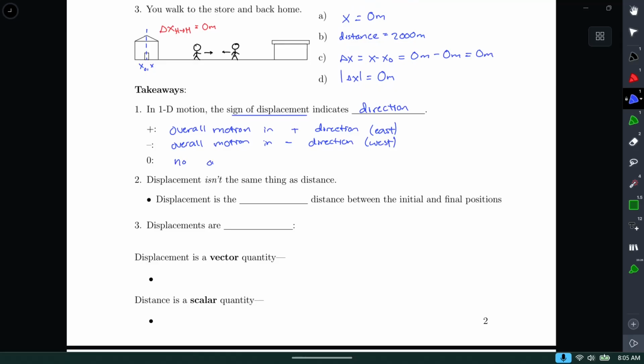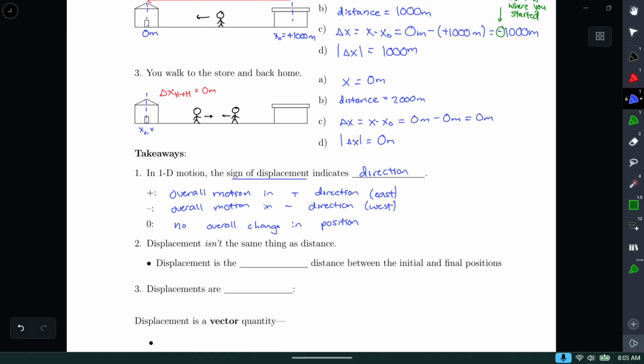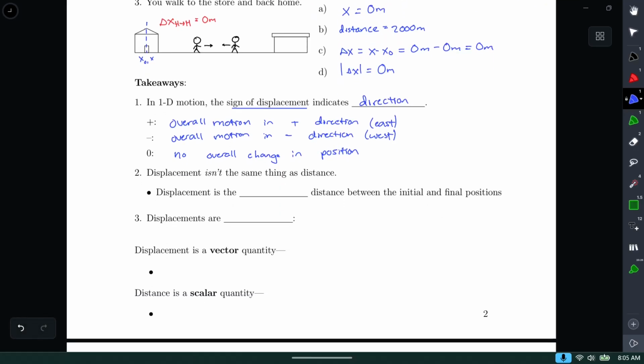And then 0 means no overall change in my position. It doesn't mean I didn't move. That last example, part 3, I moved. I went to the store and back. But overall, it's as if I didn't go anywhere. So, doesn't always mean no motion.